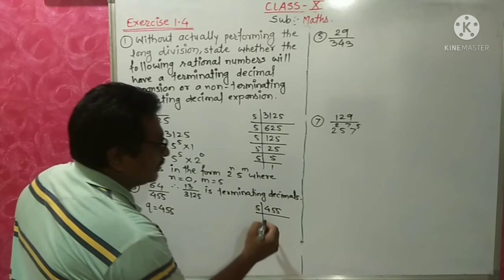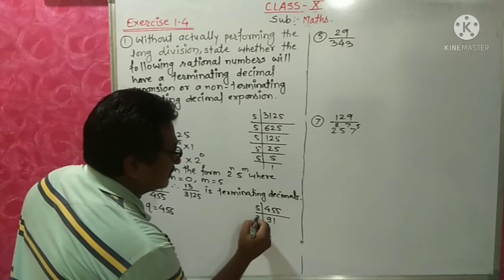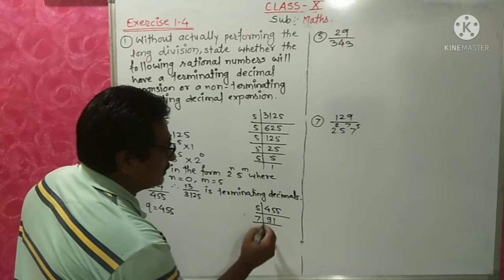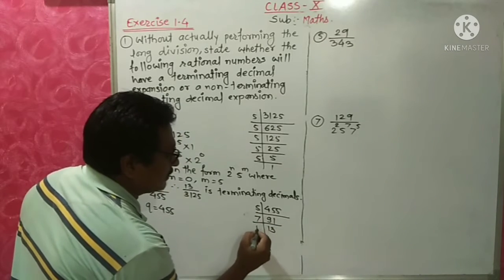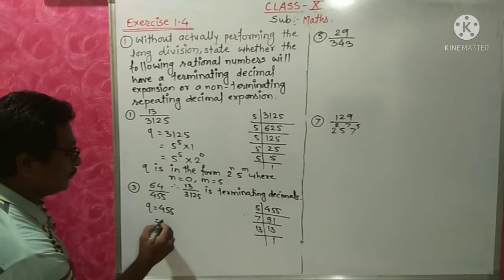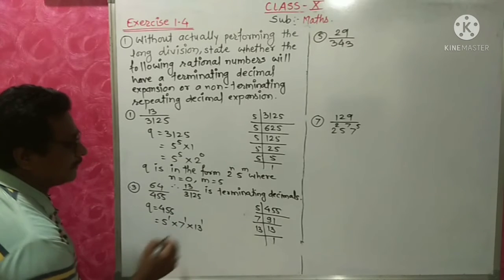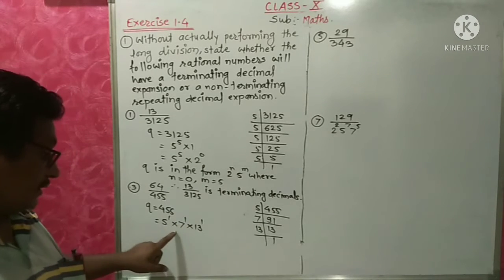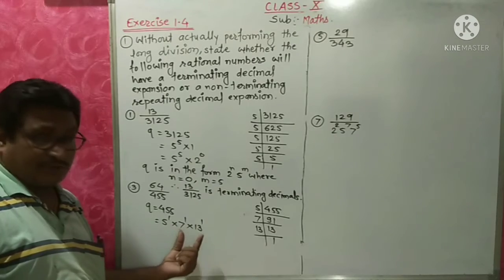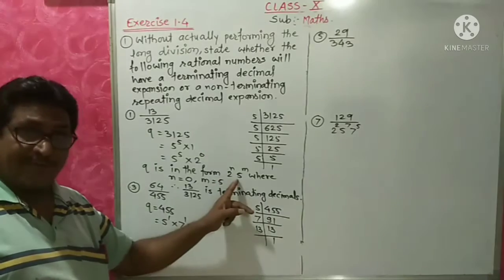5 9s are 45, 5 1s are 5. Then 7 13s are 91, 13 1s are 13. So Q is 5 raised to the power 1, 7 raised to the power 1, 13 raised to the power 1. Here 2 raised to the power 0 is there, but 7 and 13 are extra. That should not be there, only 2 and 5.